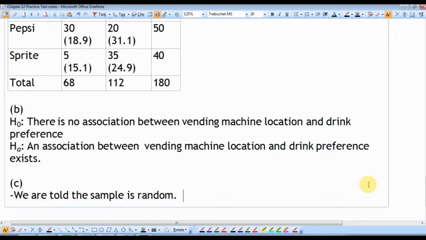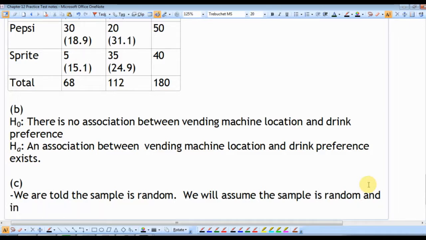We're not told anything about independence, so we will assume the sample is random and independent. Independence is, yeah. You're asking people about 3 different types of sodas. Can you assume it's independent? It's 3 different groups, whether it's non-alcoholic. The independence thing is one of those things where we're still working through.